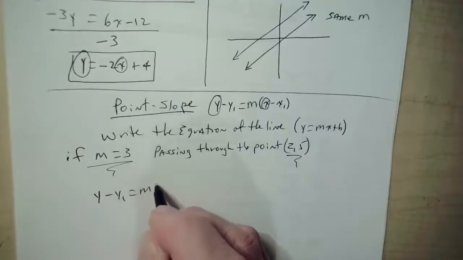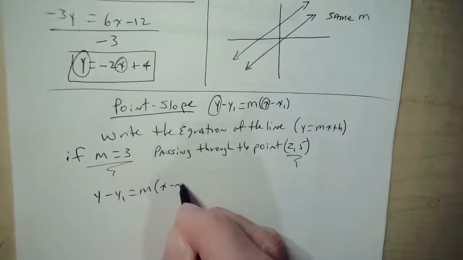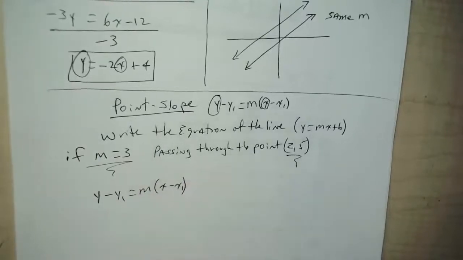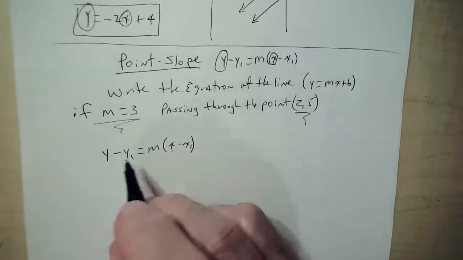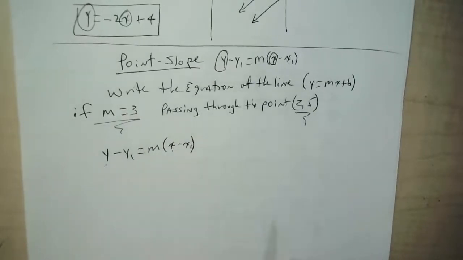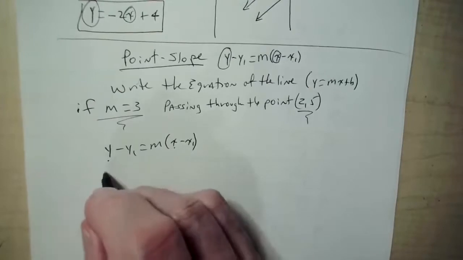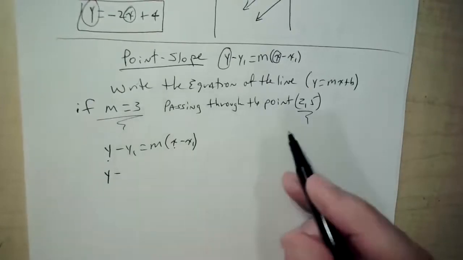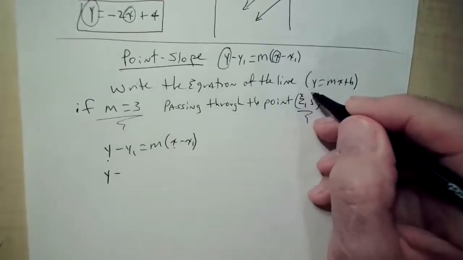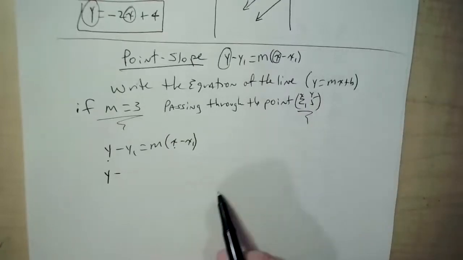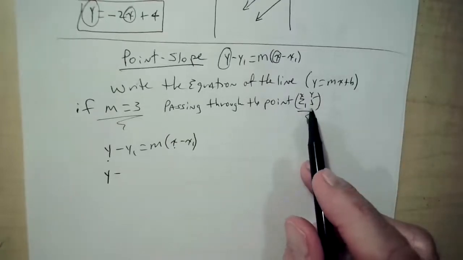So it's y minus y1 equals m open x minus x1. Now remember, this x and this y stay x and y. The y1, remember these are always in the form xy.